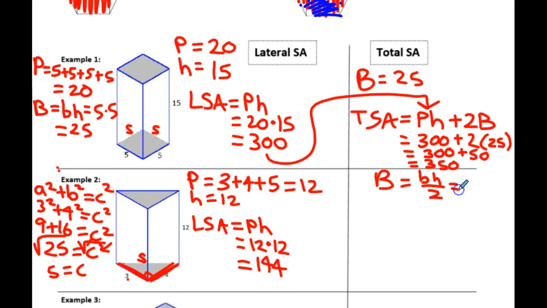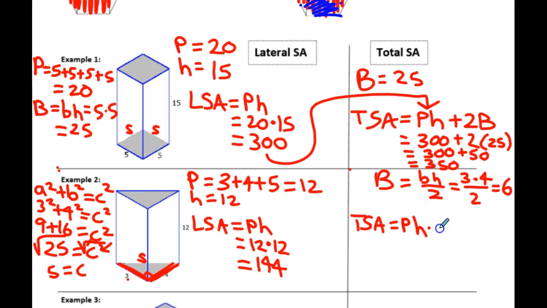So 3 times 4, too many people just do 3 times 4, but don't forget, for a triangle, you have to divide by 2. All right, what's 3 times 4 divided by 2? 6.